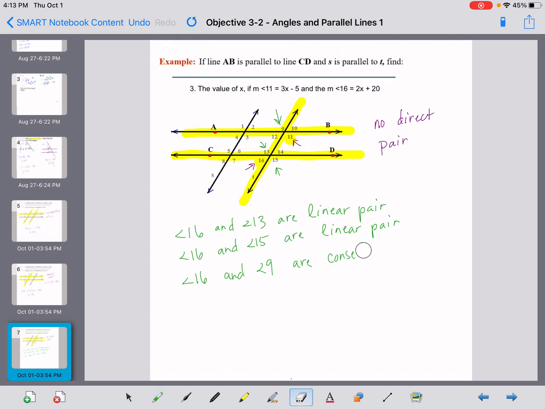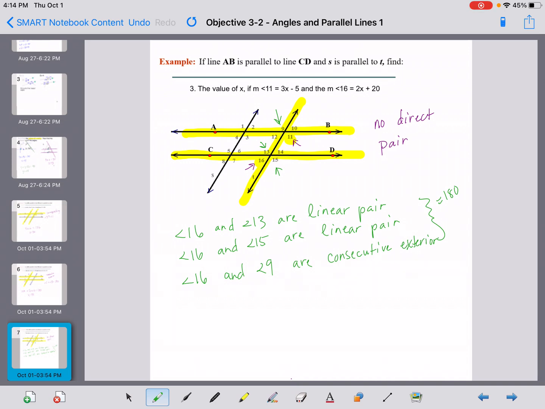I'm spelling consecutive wrong again, guys. Consecutive exteriors. What do all three of those have in common? They equal 180 when you add them together. So we're going to use a couple of things here. We're going to use substitution. That's the first thing we're going to use to figure out how to solve for x. So it doesn't really matter, just pick one.